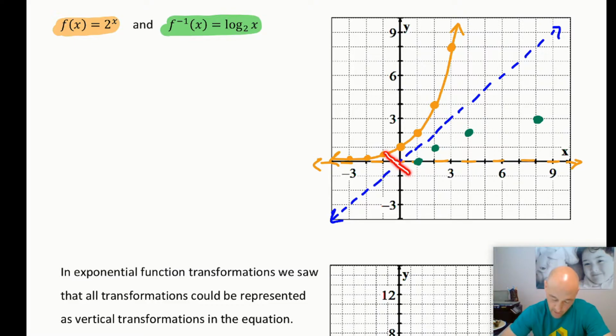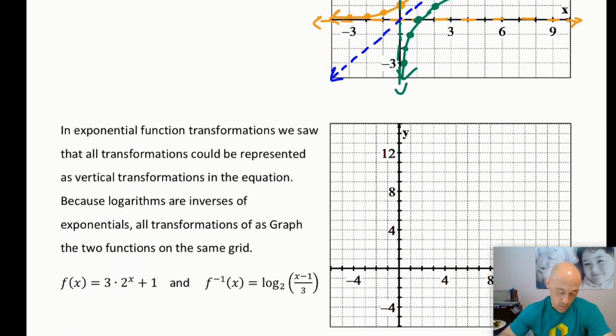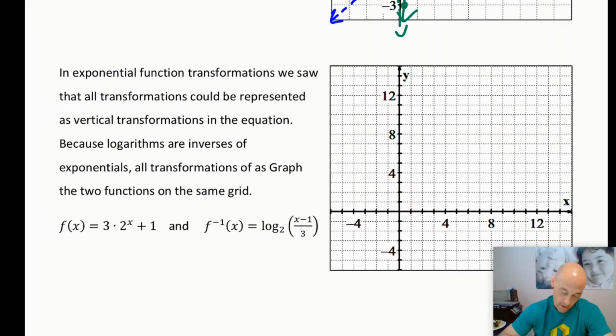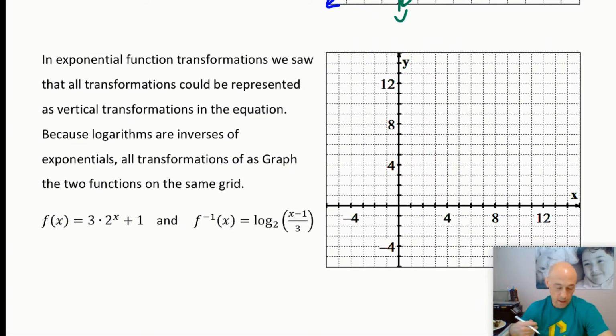So negative 1/2 is negative 1 right there. And again, it's going to go down that direction. And so what we can see is that the inverse, the logarithmic function, has the asymptote right here at x equals 0.